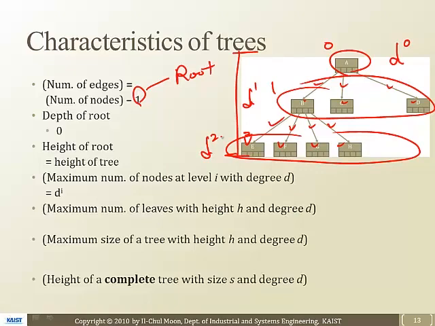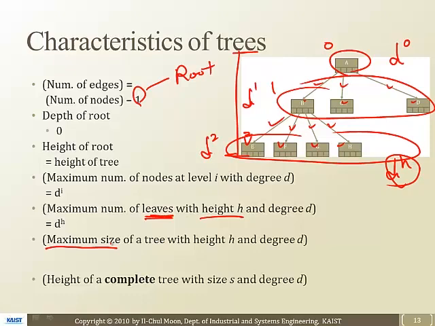And the maximum number of leaves with height H and degree D. That's going to be the number of leaves at height H, which means it's going to be D^H. The leaves are D^H, right? And having said that, maximum size. So we are all talking about maximum. It might not be that number, but the maximum number would be this, right?